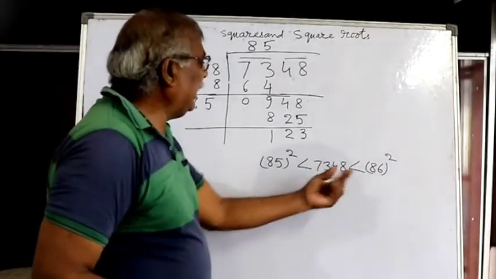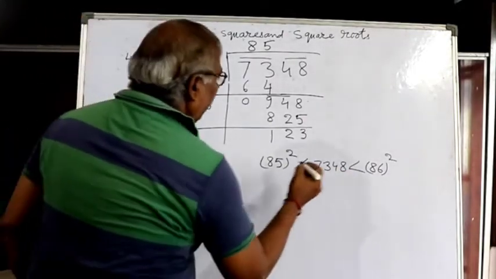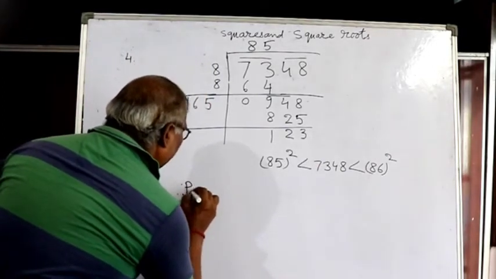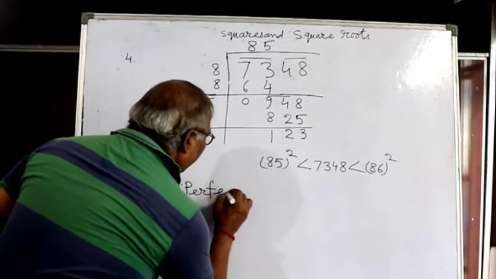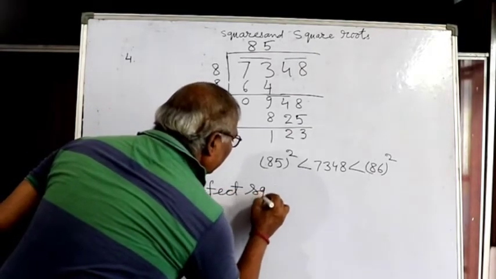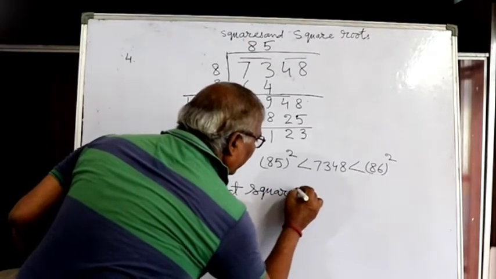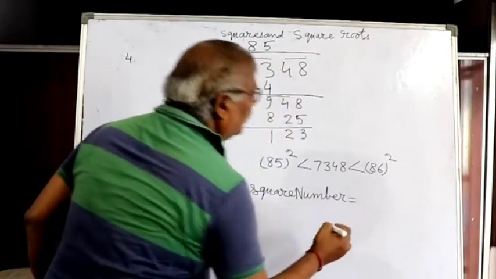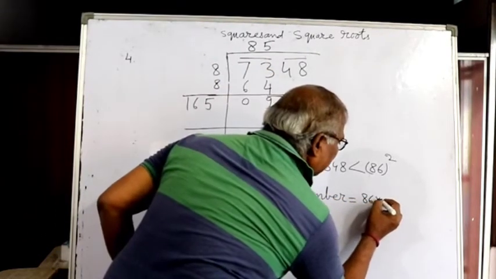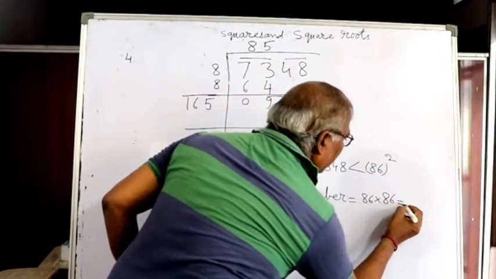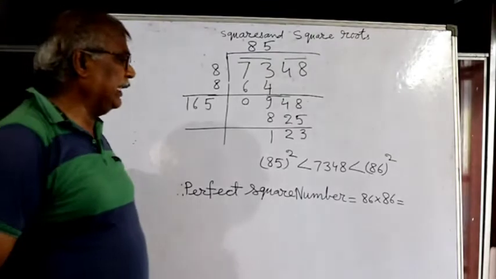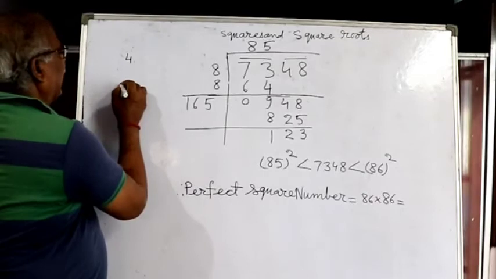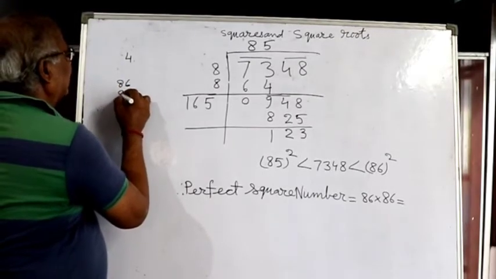So we get here 86 is the required number, therefore perfect square number is equal to 86 into 86. Now you will multiply 86 into 86.